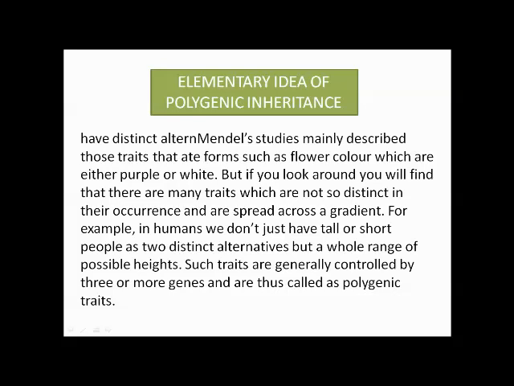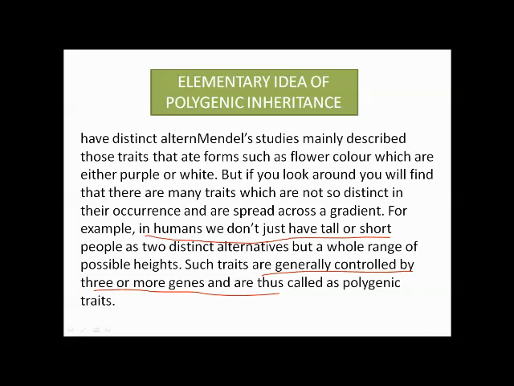For example, in humans, we don't just have tall or short people as two distinct alternatives, but a whole range of possible heights. Such traits are generally controlled by three or more genes, and thus are called polygenic traits.